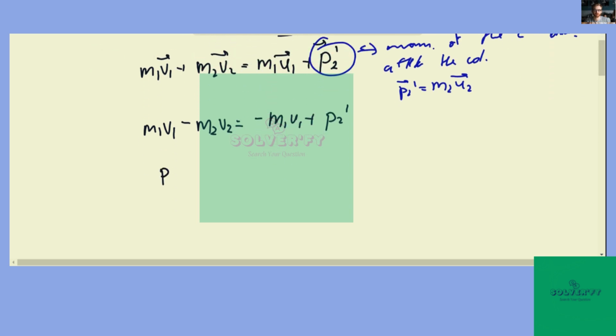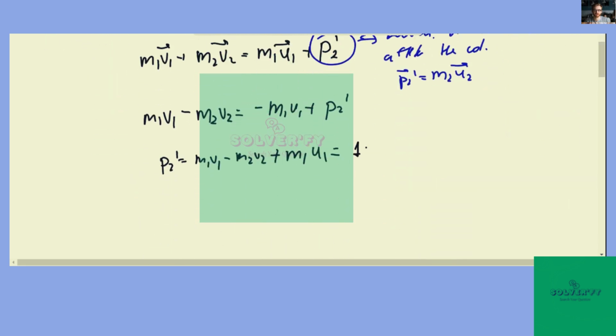From the equation, p2 prime equals m1v1 minus m2v2 plus m1u1. Now we can calculate it.